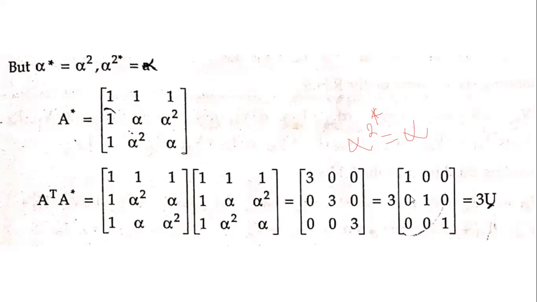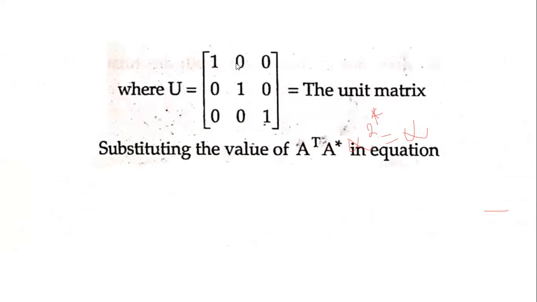Therefore this is 3 into U, where U is 1, 0, 0; 0, 1, 0; 0, 0, 1. That is the unity matrix.